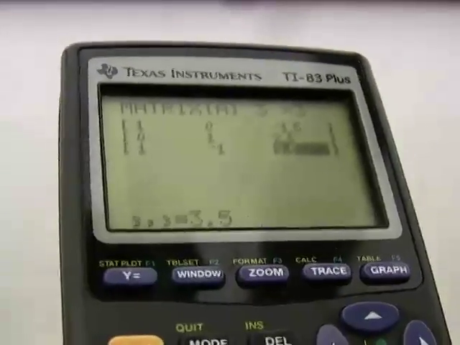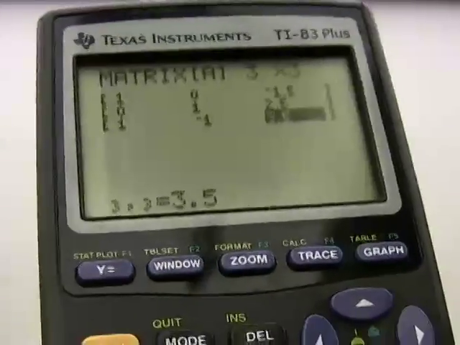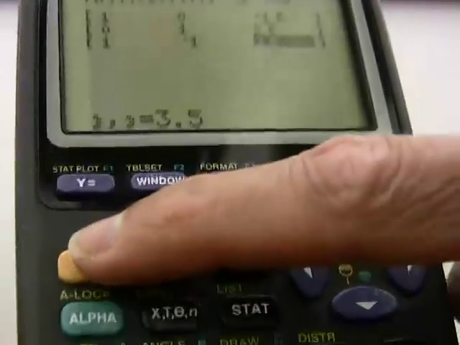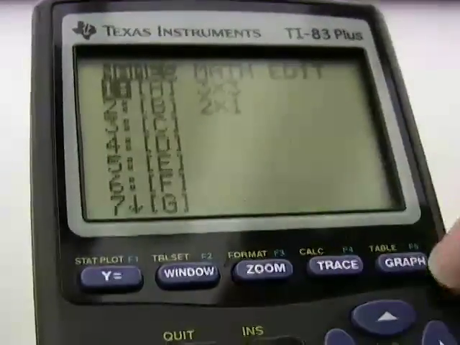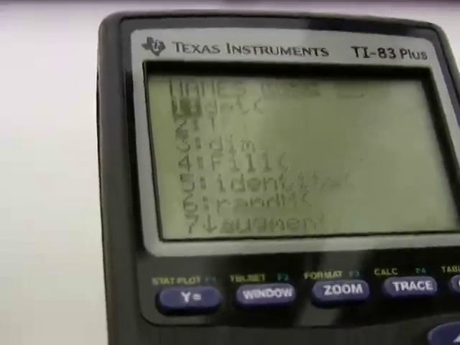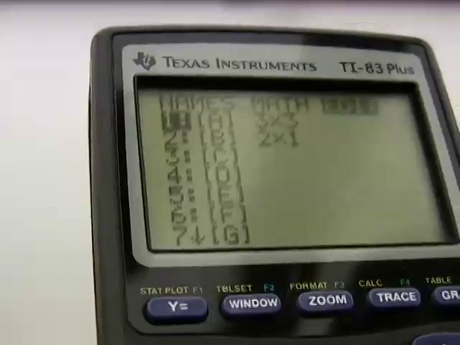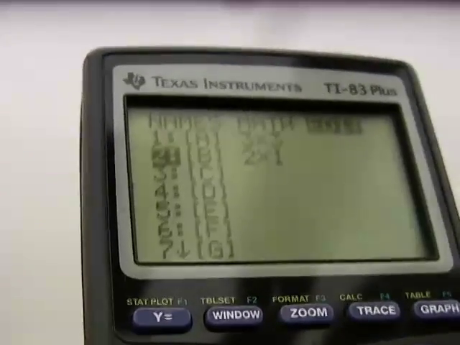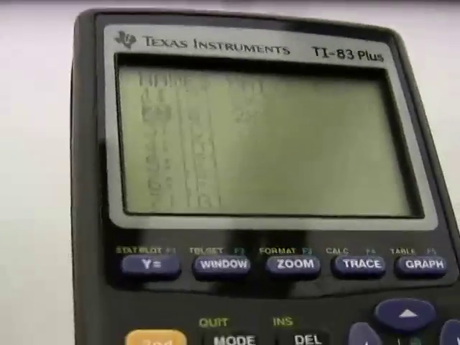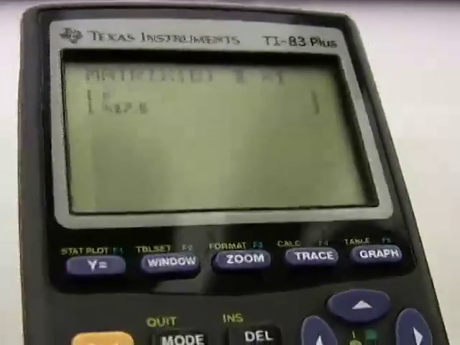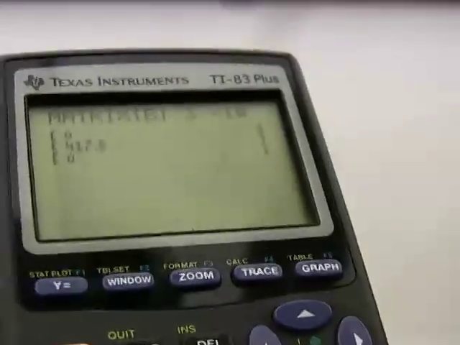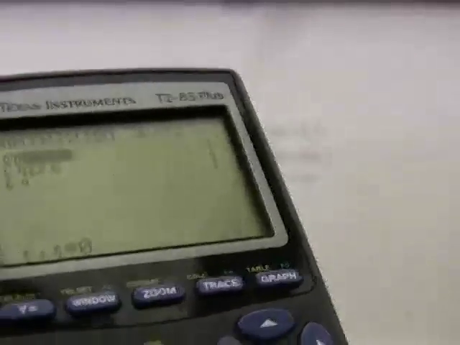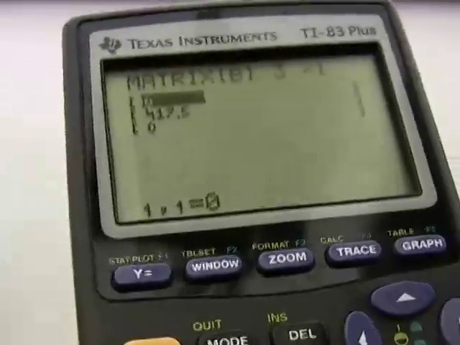Let's go and make our matrix B. Go second x inverse and go to edit, 2 places to the right and 1 down, matrix B. Matrix B is going to be a 3 by 1 matrix. 3, enter, 1, enter, and write down the values on the right side.